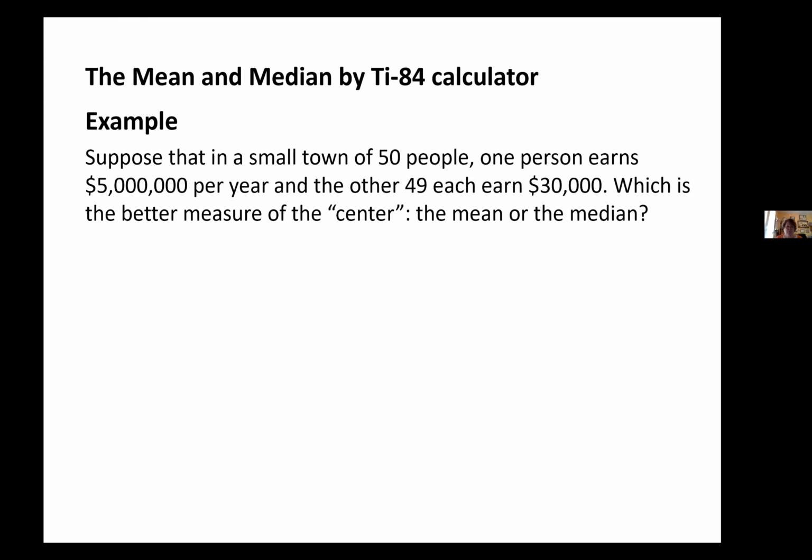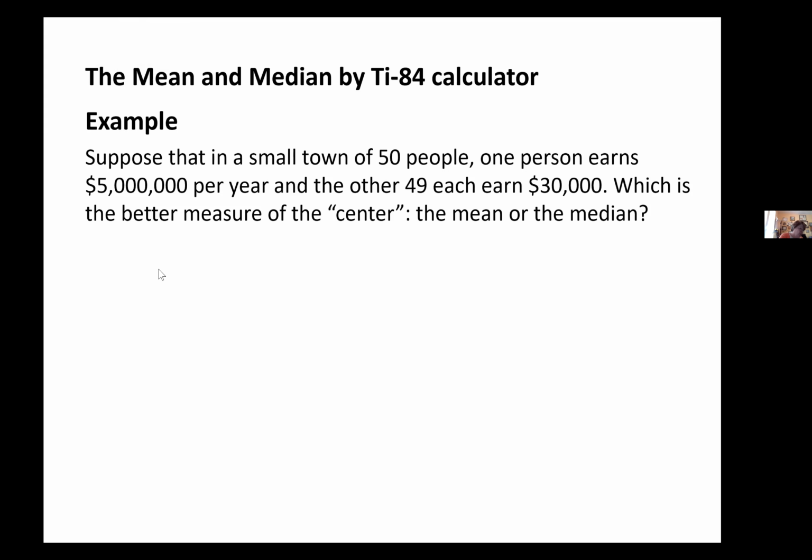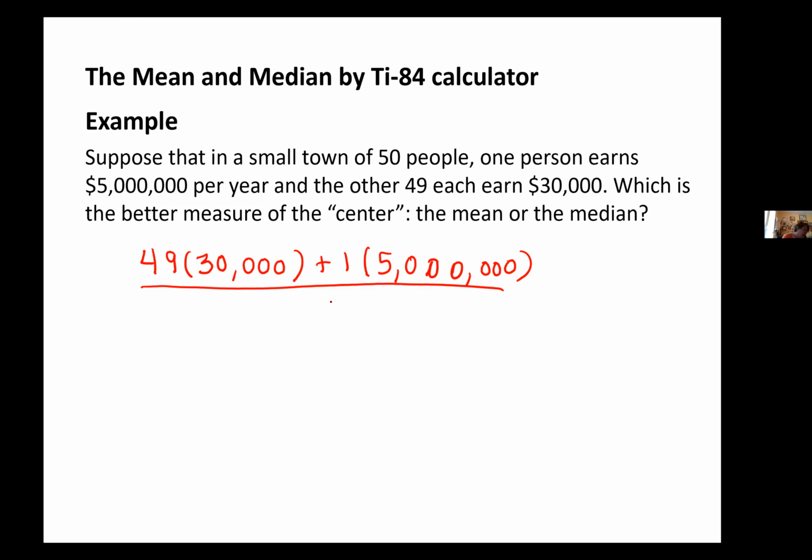We have 50 people, 49 of which are earning $30,000 a year. So if we're to calculate the mean, we can do this using the frequency. So we have 49 people earning $30,000 a year, and we have one person earning 5 million, out of the 50.